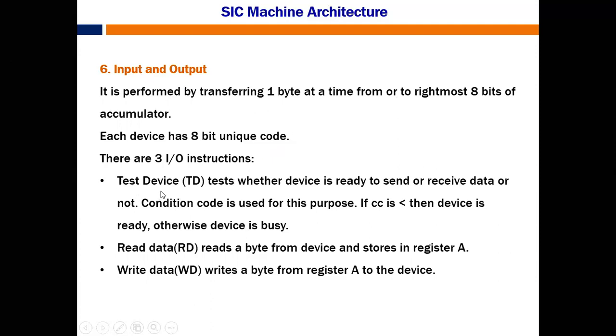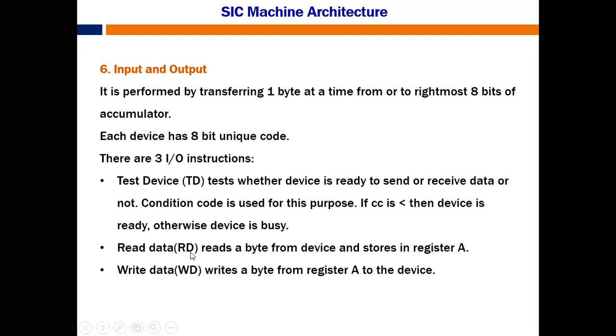The first one we call test device. It tests whether the device is ready to send or receive data or not. The condition code CC, like what we have already seen, is used for this purpose. If CC is less than the given value, then the device is ready. Otherwise, the device is busy.